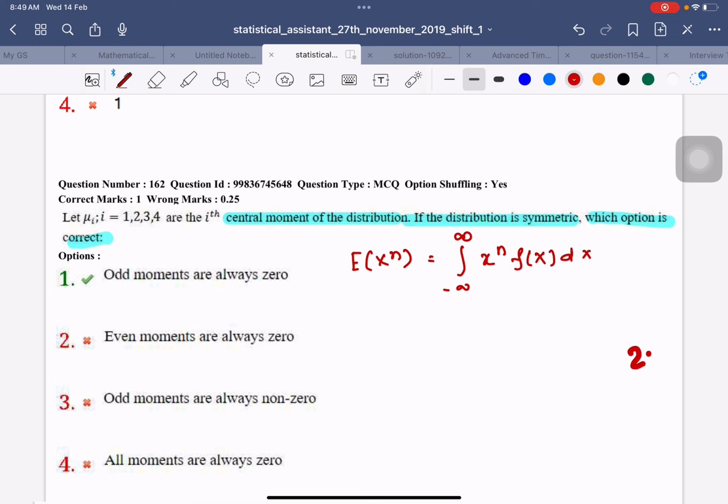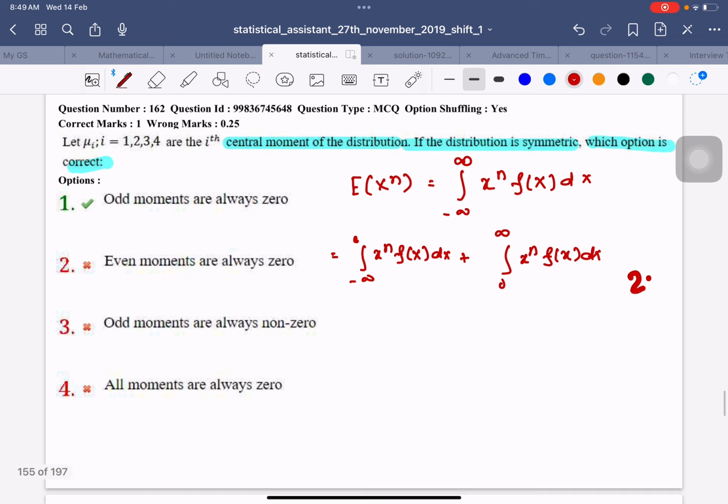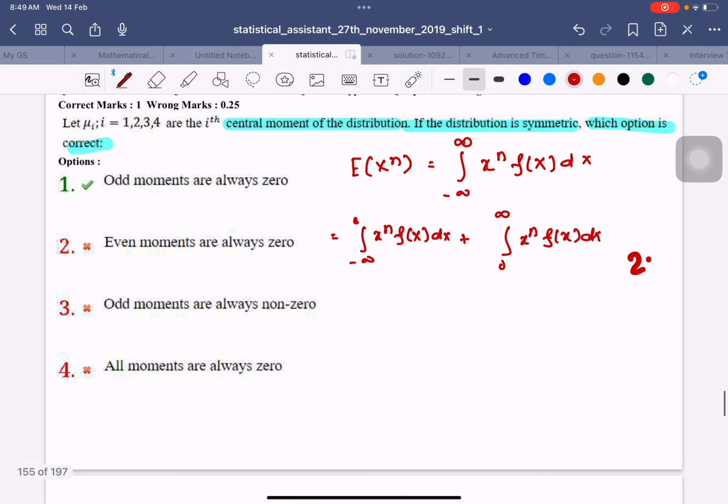और हम इसको कैसे लिख सकते हैं? इसको हम दो पार्ट्स में डिस्ट्रीब्यूट कर सकते हैं. Minus infinity to zero and 0 to infinity of x^n f(x) dx. So let's take this part, 0 to infinity x^n f(x) dx.